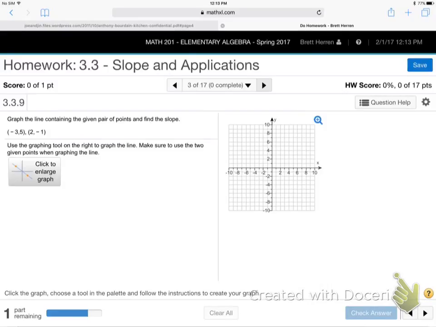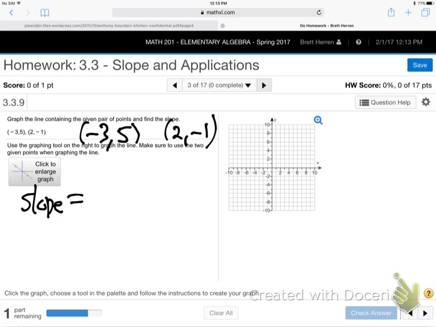All right, try that one. So we have -3, 5, and 2, -1, and we want to find slope. So what's the slope formula? y2 minus y1 over x2 minus x1. Let's go ahead and use that slope formula.